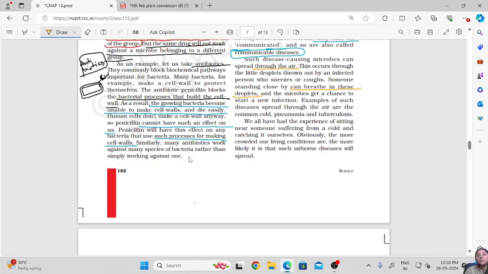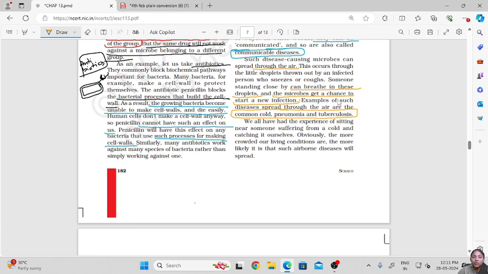The microorganisms then get a chance to start a new infection in the healthy person. Examples of diseases which spread through air are the common cold, pneumonia and tuberculosis. Almost all of us have experienced sitting near someone who is suffering from a cold, and since we are in close contact with that person, we catch it ourselves.